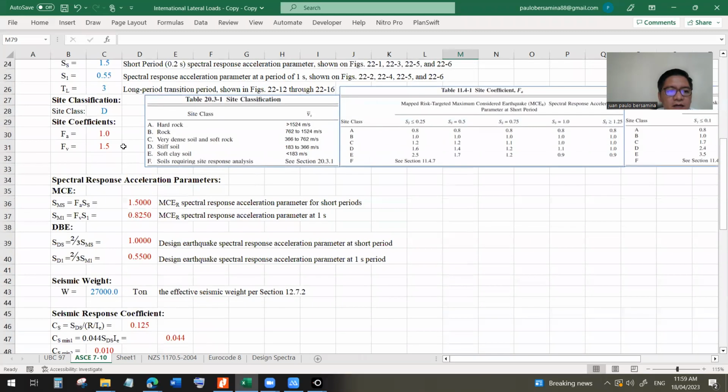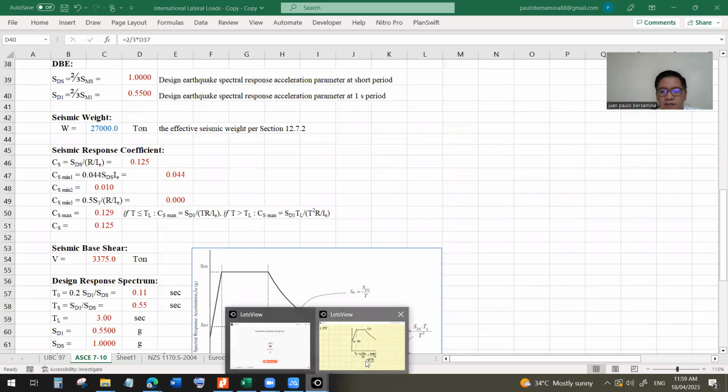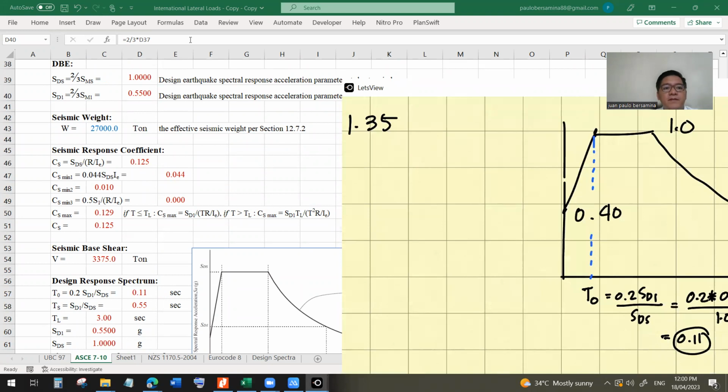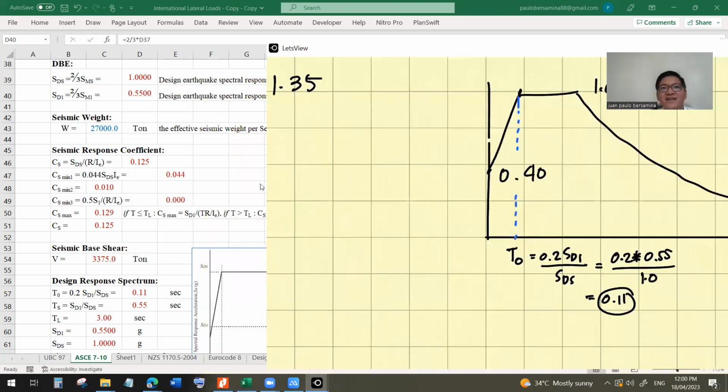Ang SD1 then 0.55 and 1 eh. 0.2, 0.55 over SDS 1.0. Yeah, you should get 0.11. Okay. 0.11.